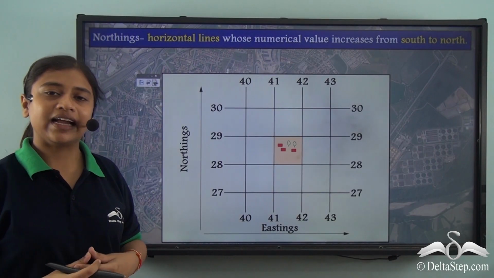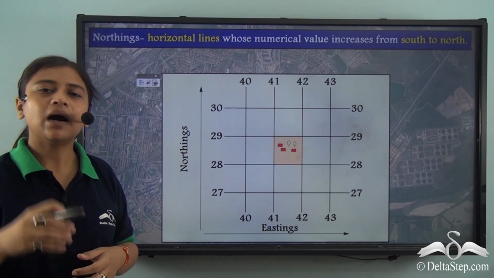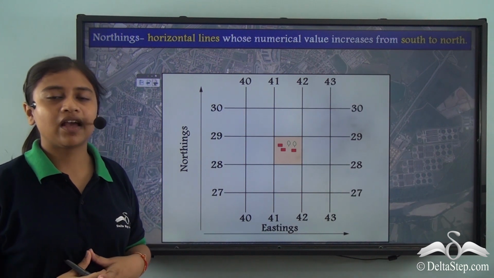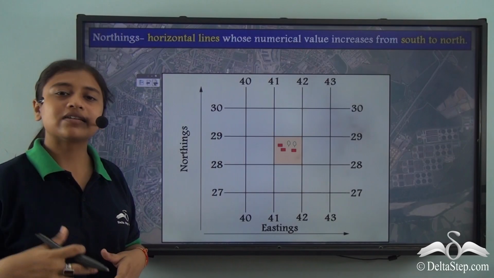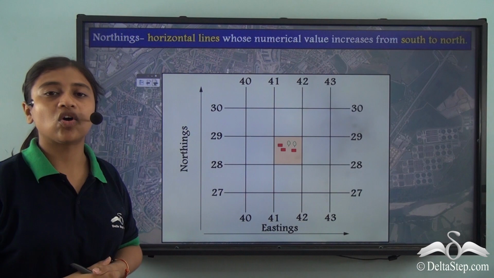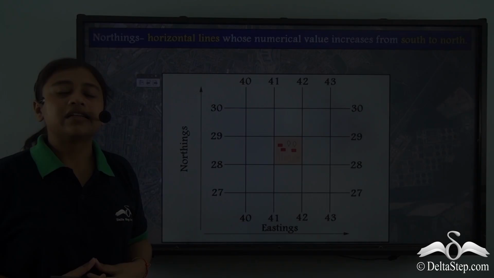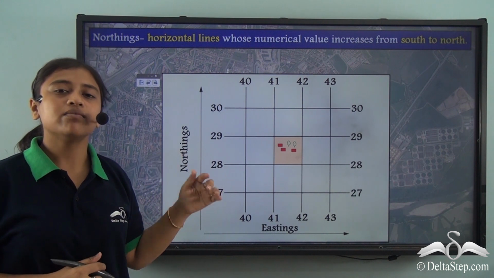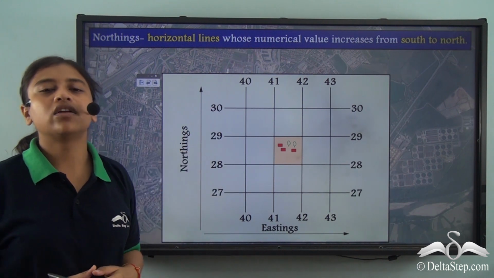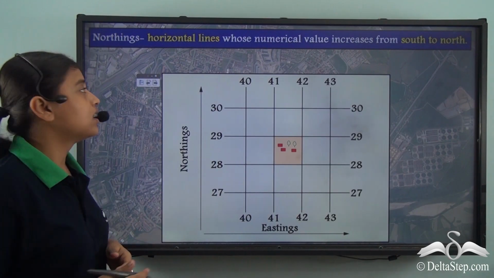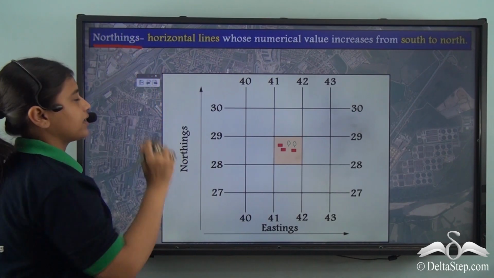These grid lines help us study a particular area on a given plot of study. How is that? To understand that, let us learn about two other important features on the topographical map. Here we have the horizontal lines that run from south to north. These horizontal lines are called northings.